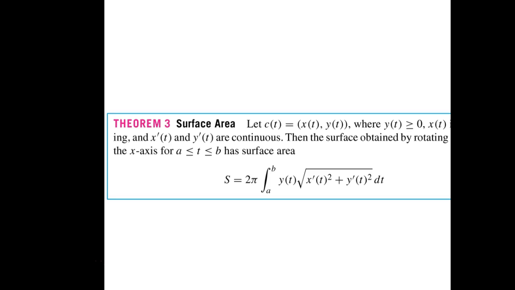Now, I frankly don't like putting the squares here. The book does. I like to put the squares right past the primes, superscripted right past the primes, because you don't think of doing t squared. It's not t squared. It's the derivative of that function squared. Now, let's see if that sort of makes sense.